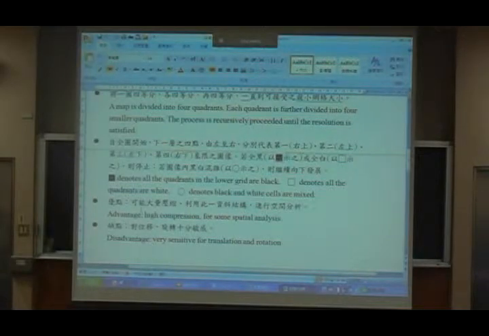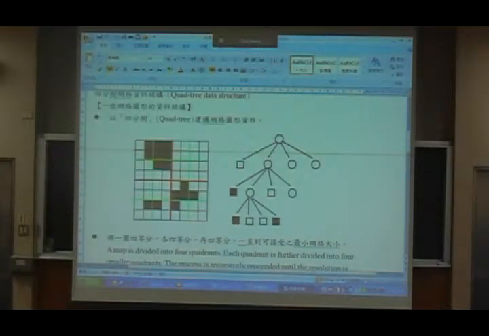However, there are some disadvantages because the portrait is very sensitive to translation and rotation. You can imagine if we translate, if the origin moves to the center of the first cell, then the tree is totally different from this tree.